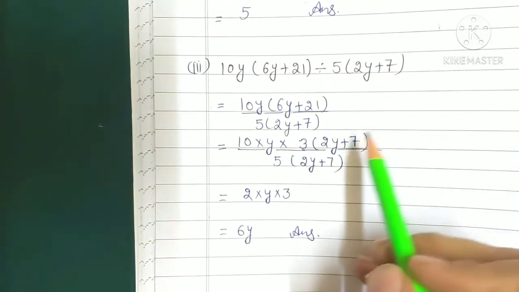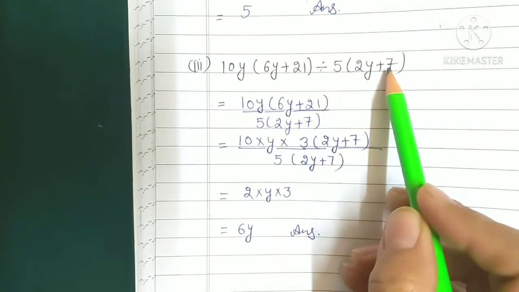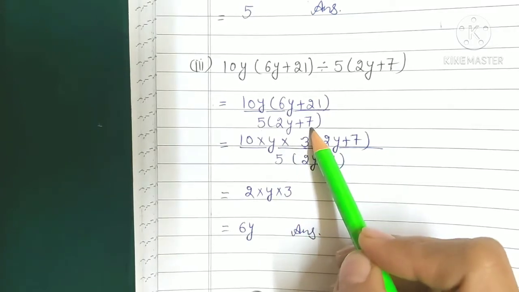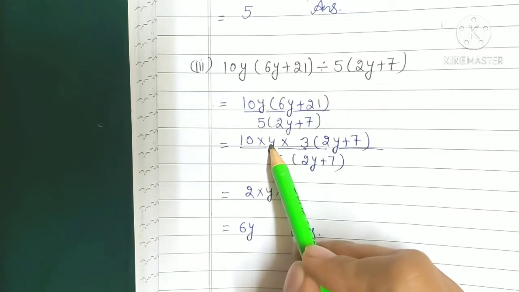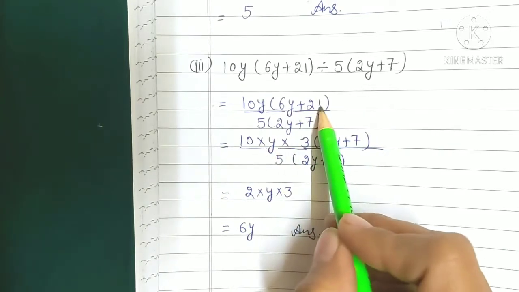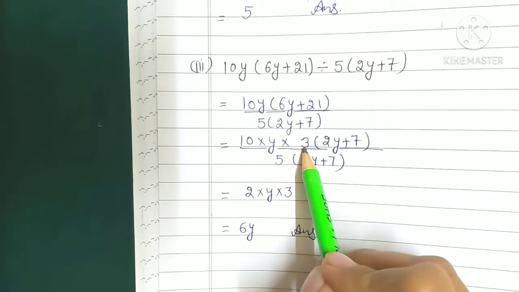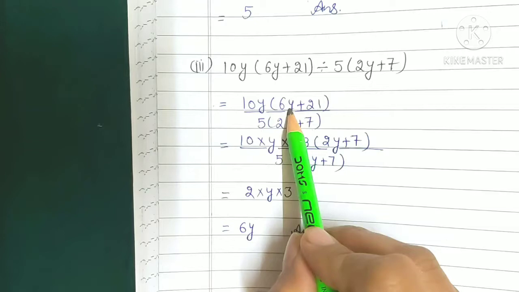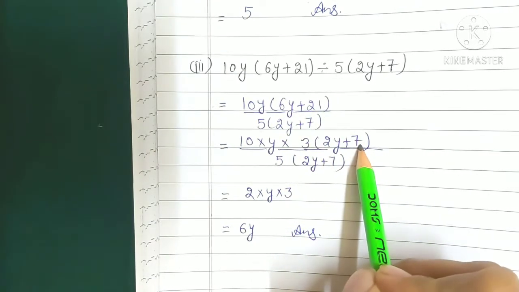Third part, students: it is 10y (6y plus 21) in the numerator, and in the denominator it is 5 (2y plus 7). So 10y, I can write as 10 multiply y. From the next bracket, what can we take common? We can take 3 common. If I take 3 common, what will be left in the bracket? 2y will be left, then plus 7 will be left.